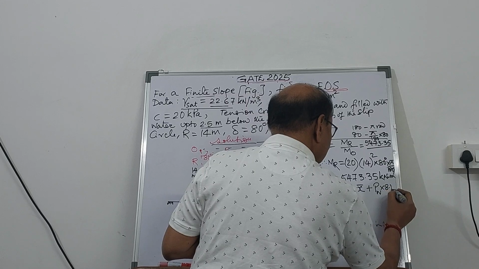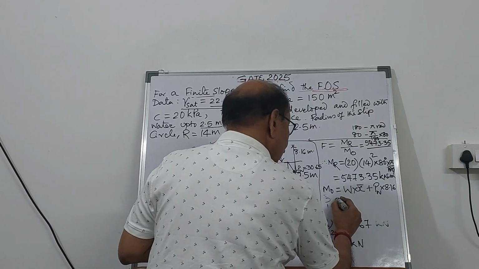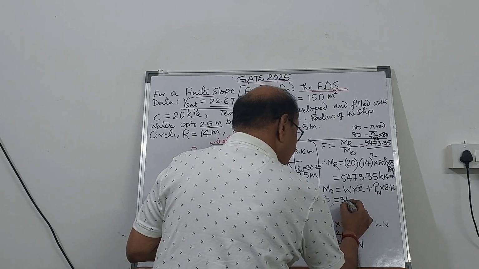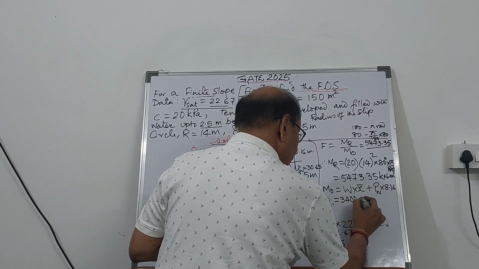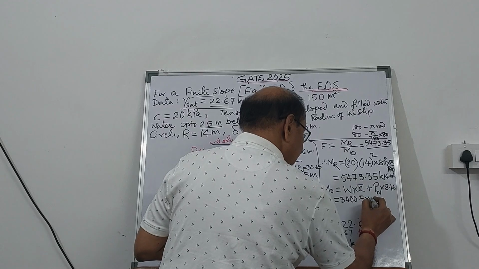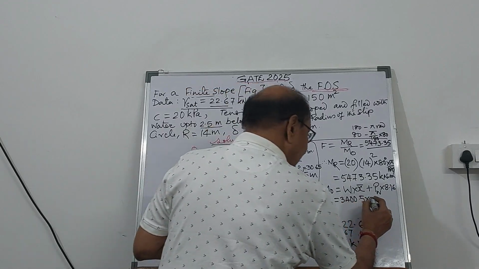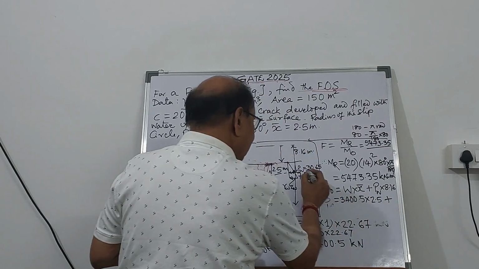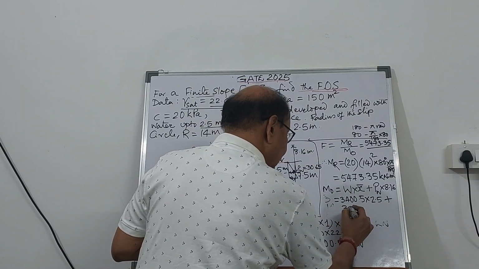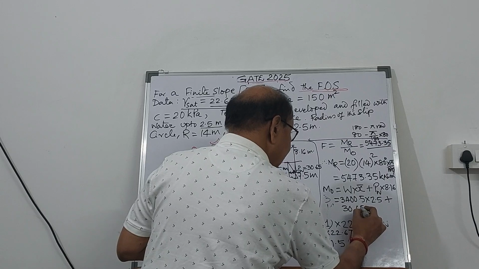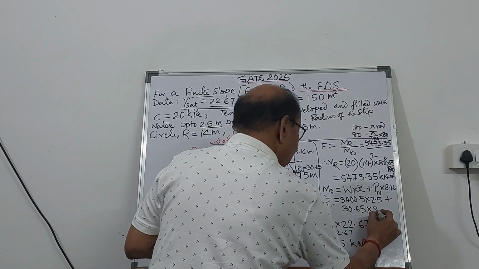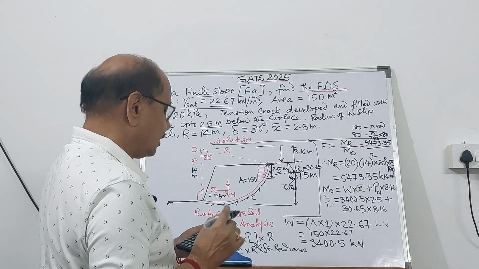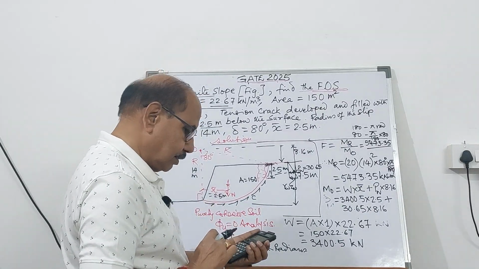So the overturning moment therefore becomes 3400.5 into 2.5 meter plus PW, which is 30.65 multiplied by 8.16. So let us calculate this.